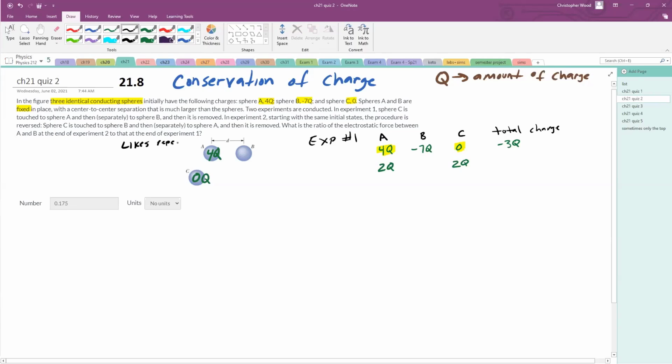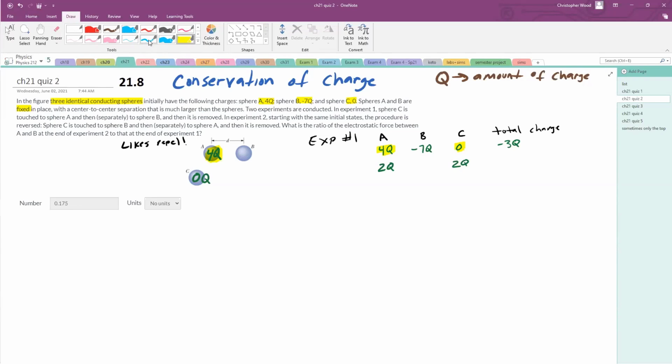This is an instance of likes repelling each other. These charges on sphere A do not like each other. They are all of the same kind, all positive charge. So I have a bunch of positive charges on sphere A, and they're looking to escape as soon as possible. When sphere C comes into contact with sphere A, that's the opportunity for escape.